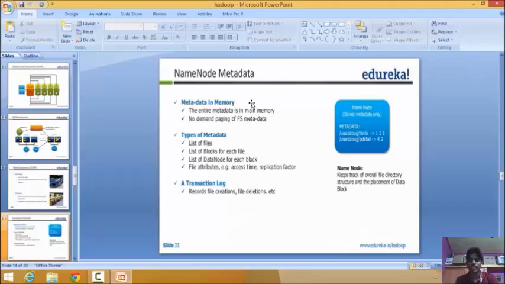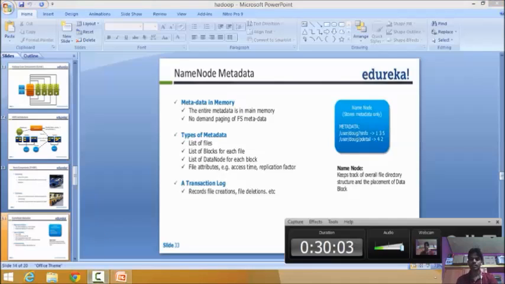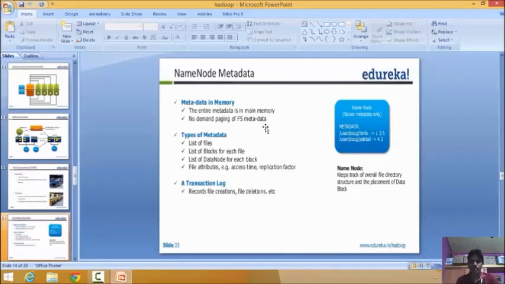Metadata. What is metadata? I have already said that it is the data about the data. The entire metadata is stored in main memory. Types of metadata: what can metadata contain? It can have a list of files, a list of blocks for each file, a list of data nodes, and file attributes, for example access time and replication factor.